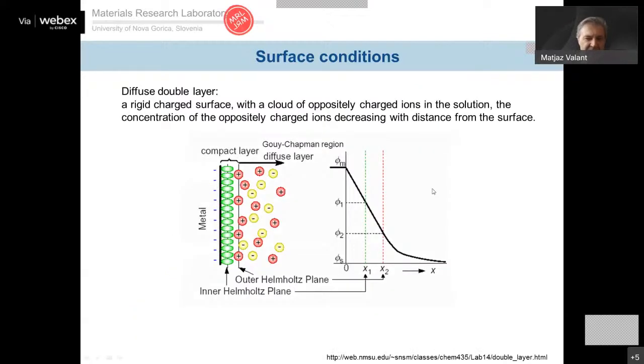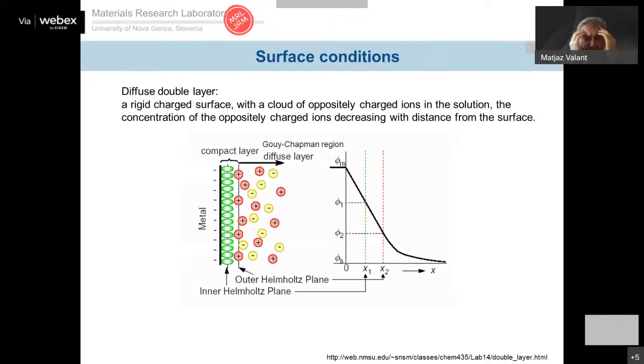Now, all this happens because, you see, that was one question: how can a surface be charged? I mean, if the surface is charged, then we have some unneutralized surface in the equilibrium.